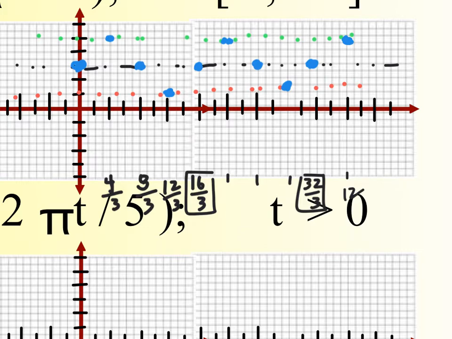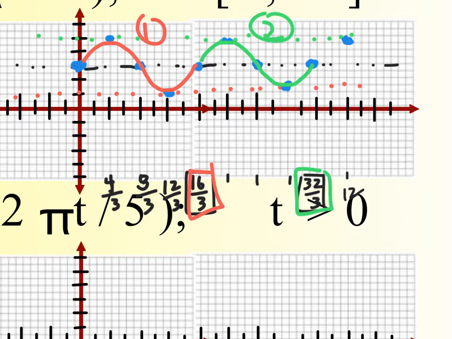So let me highlight. Here's my first cycle. Let's try that again. There we go. That's cycle number 1, ending at 16 thirds. Cycle number 2, ending at 32 thirds. And then cycle number 3, I'm going to go blue.